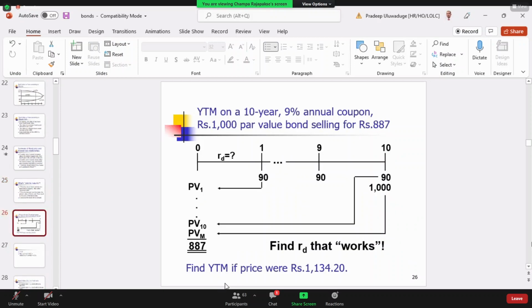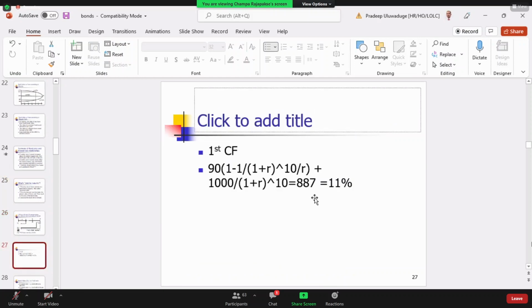Now find YTM if the price were rupees 1,134 and 20 cents. It's the same procedure. Can anyone help me with that? Now, in place of 887, we have something else.